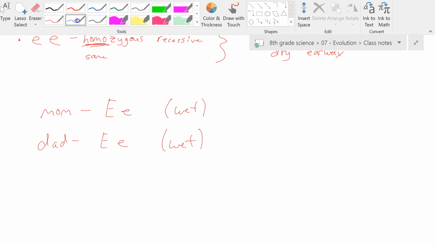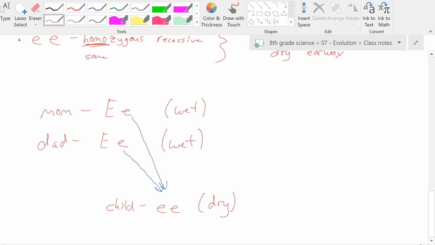But when they reproduce, when they have a child, they're each going to give away one of those alleles, one of those letters, to their child, one version of that gene to their child. And it's possible that mom could give away her little e, and dad could give away his little e, and we end up with a child that has little e, which is dry earwax.